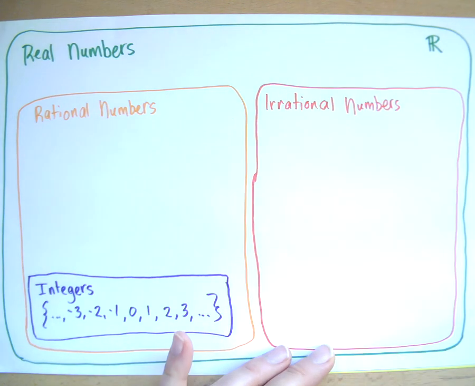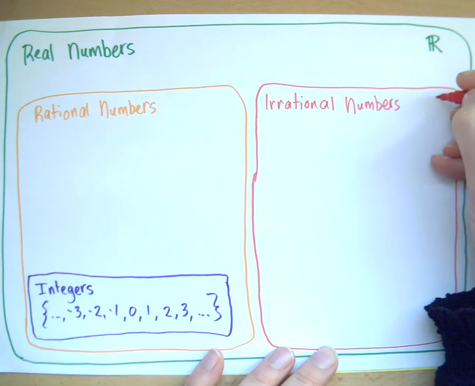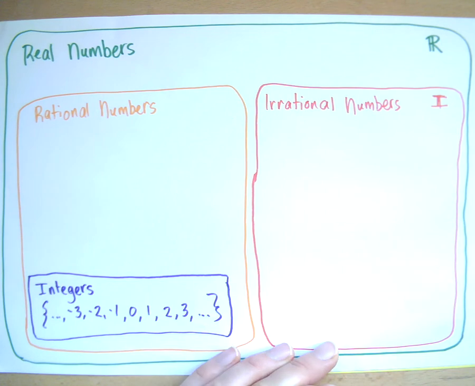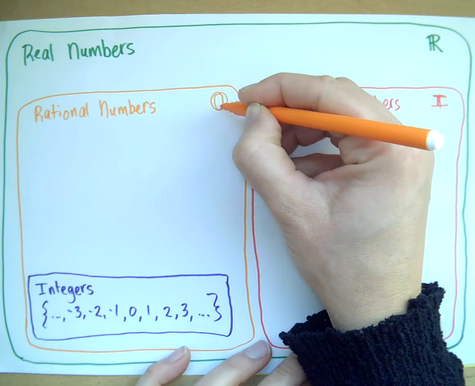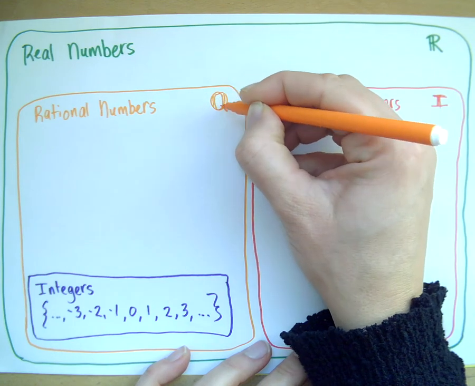And irrational numbers are, this is supposed to be my pretty thick I for irrational, and then rational numbers are, we often use the letter Q.